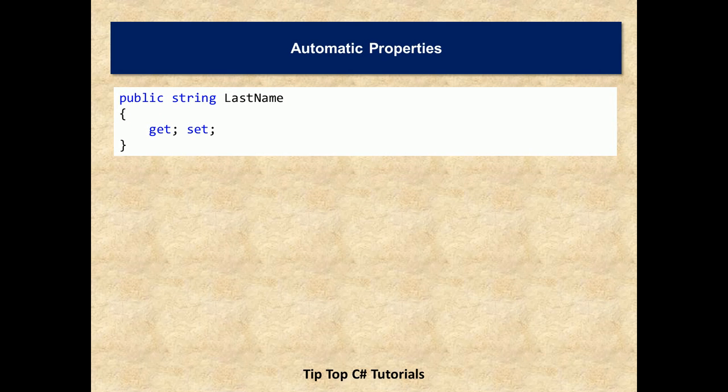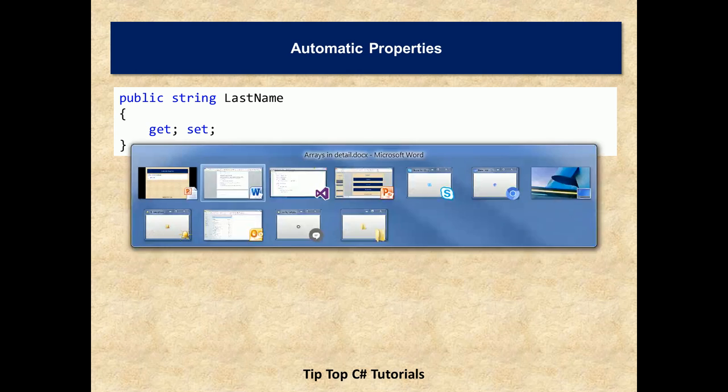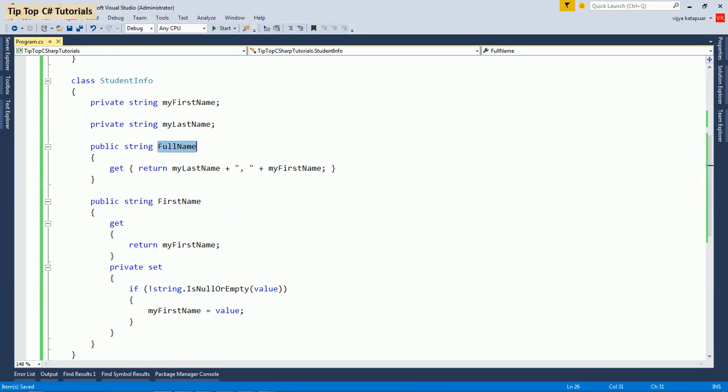There is another thing called automatic properties. If we define properties without having an explicit field, the property is called an automatic property. Let's switch to Visual Studio to look at automatic properties.